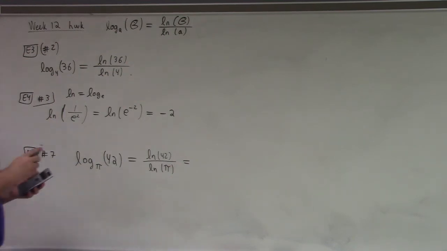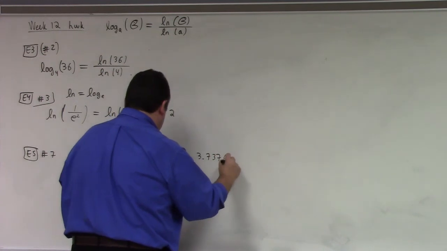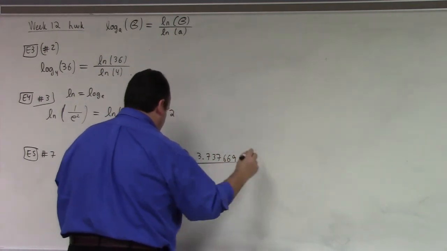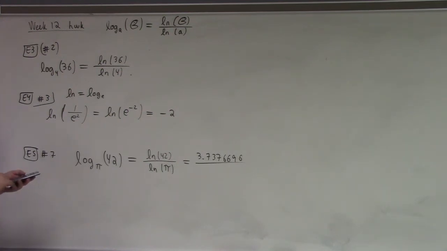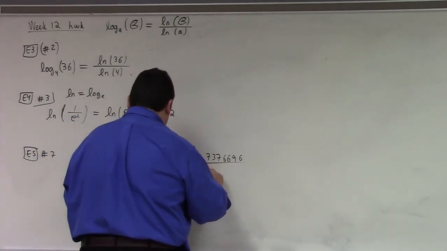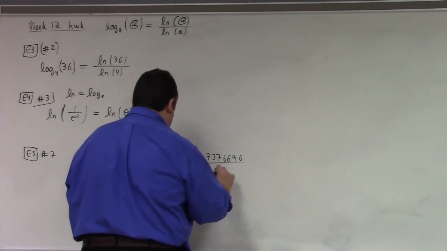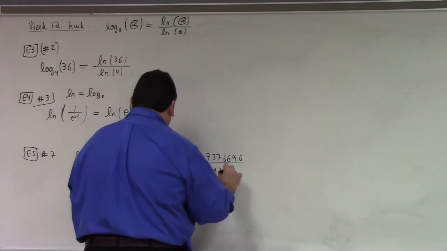Let's see here. Natural log of 42 is 3.73766696. I'll just keep that many. Natural log of pi. So you do need a calculator for the next test for sure, right? Because there's going to be some decimal work in the next test that you need to be able to do. So you're going to need a calculator which can do these kinds of calculations. Otherwise, it's going to be a problem.